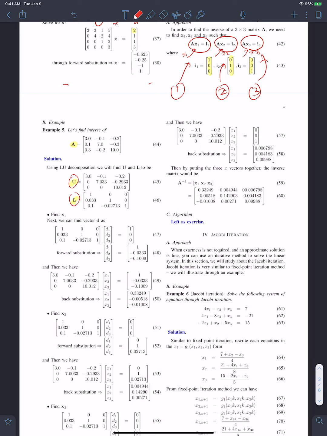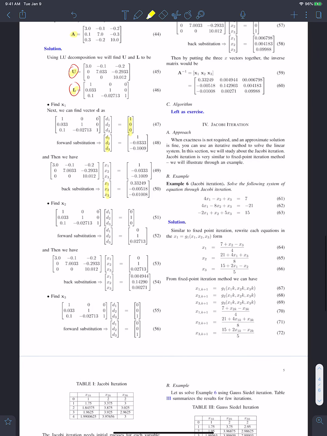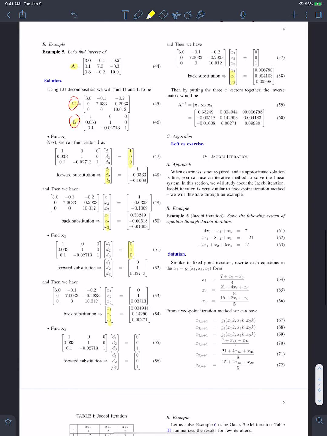For the first problem, we take I1 and first find D1 and then find X. So that is the first X. Second problem, find X2. We will use I2 and then find D and then X. That's the second problem. Third problem, you find X3 here. So A inverse is X1, X2, and X3. So that is A inverse.